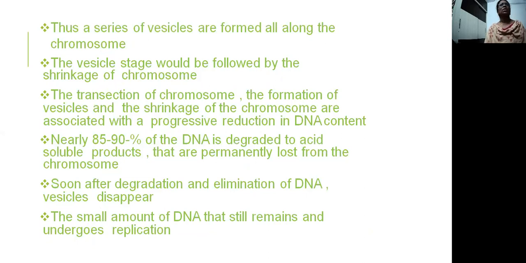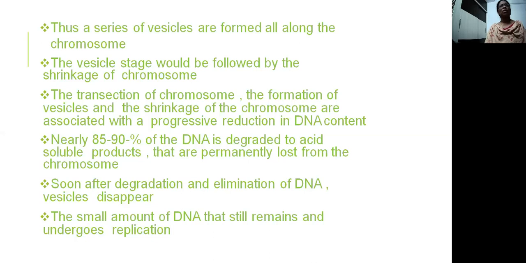This vesicle stage would be followed by the shrinkage of chromosomes, so shortening of the chromosome. So the transection of chromosome, the formation of vesicles and the shrinkage of the chromosomes are associated with the progressive reduction in the DNA content. So nearly 85 to 90% of the DNA is degraded to acid-soluble products that are permanently lost from the chromosome.